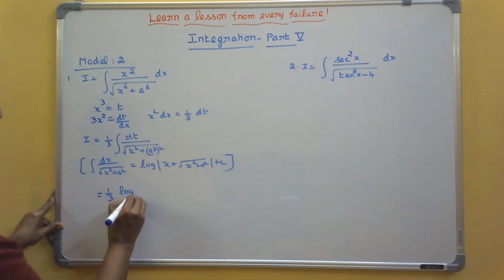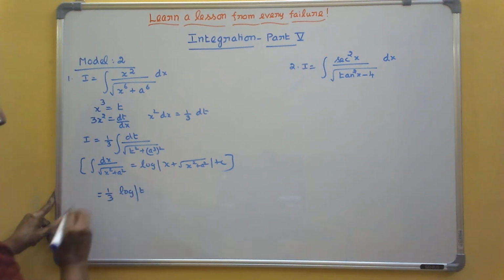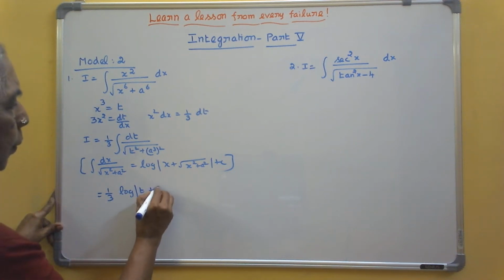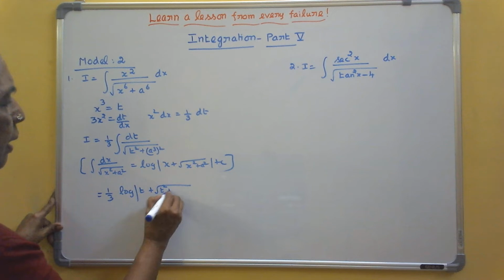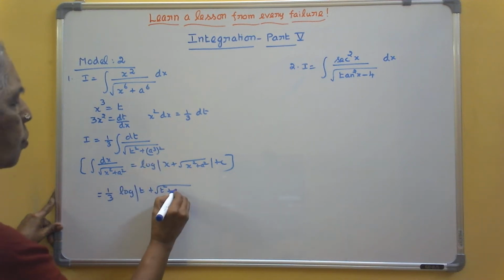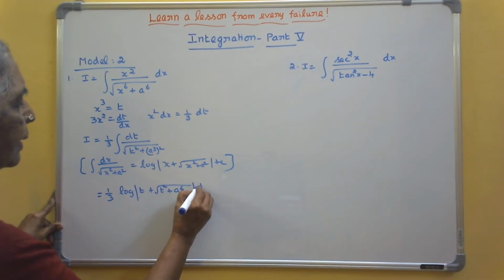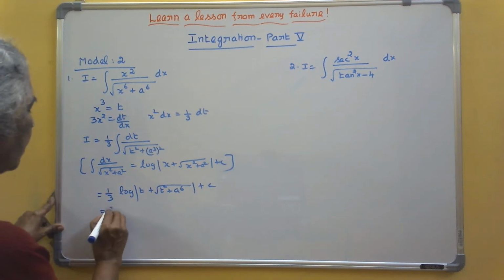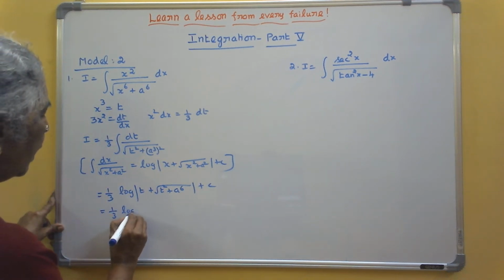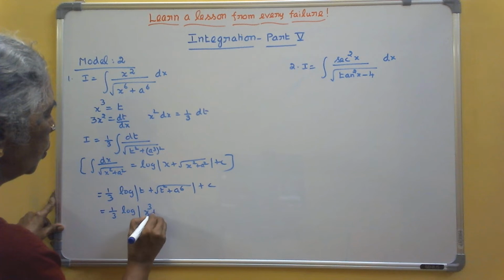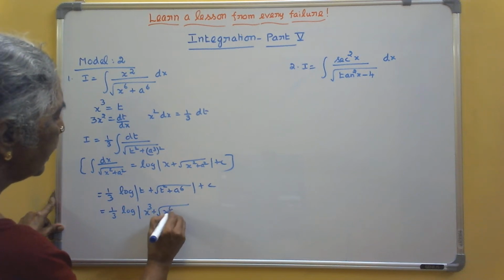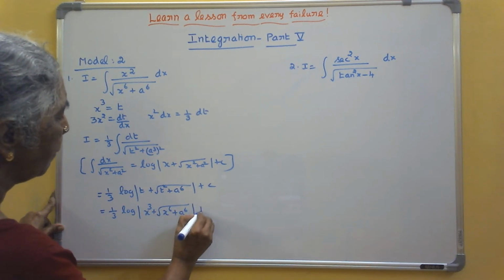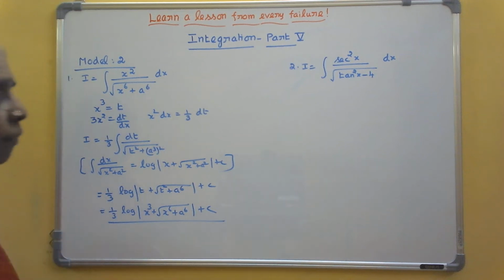Then log mod, you write t, plus root of t square plus a cube the whole square, which is nothing but a power 6, plus c. Now, you substitute x cube. Wherever t is there, you put now x cube. So that you will get 1 by 3 log mod x cube plus root of x power 6 plus a power 6 plus c. Do you follow?